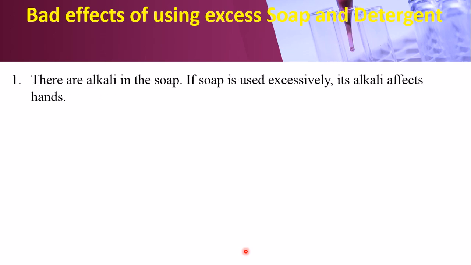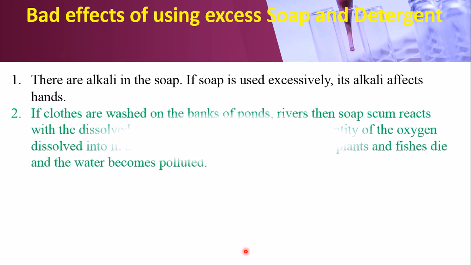Bad effects of using excess soap and detergent. There are alkali in the soap. If soap is used excessively, its alkali affects hands. Alkali is used for making soap and it is also present in soap. So, excessive use of soap affects our hands.